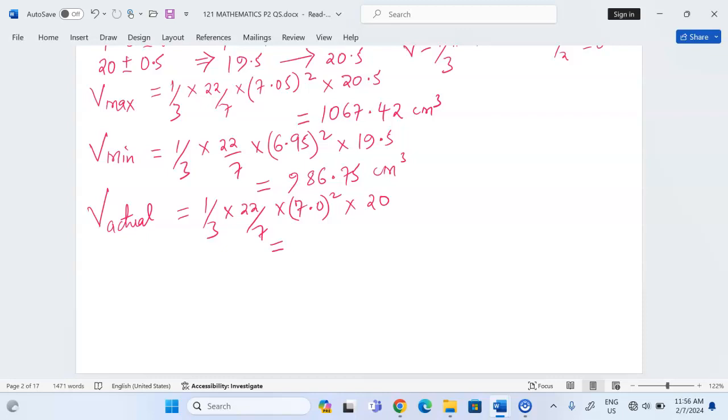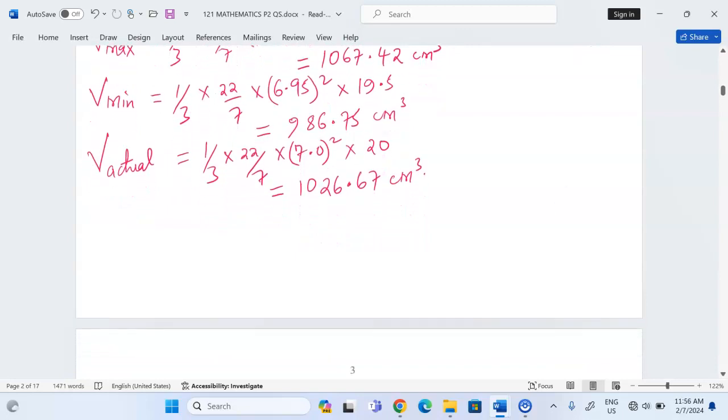Therefore, I'm going to have 22 by 7 squared multiplied by 20, then I divide by 7 multiplied by 3. This is going to be 1026.67 cubic centimeters. So now we have volume maximum, volume minimum, and the actual volume.